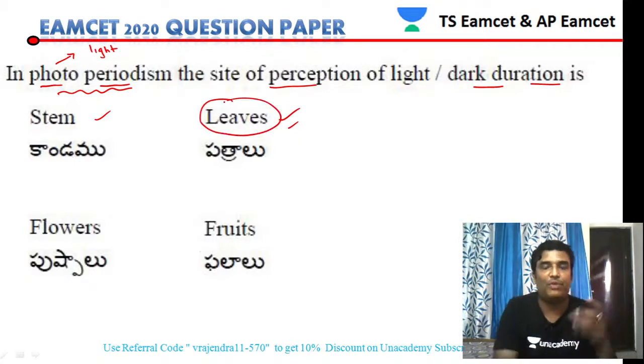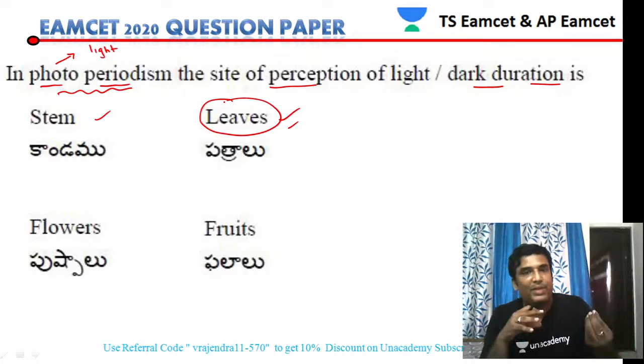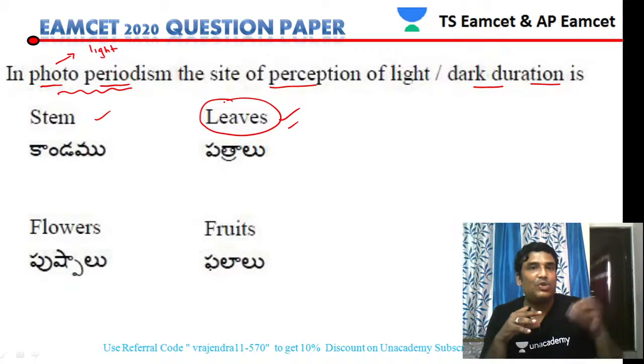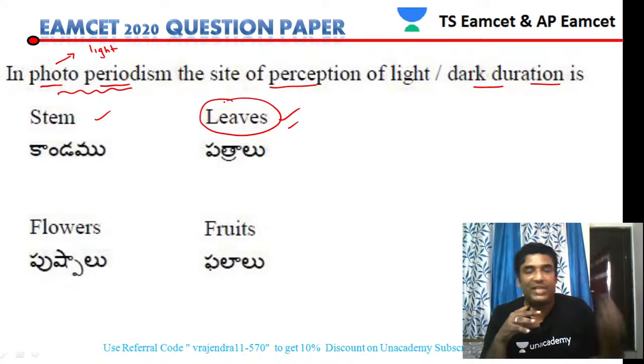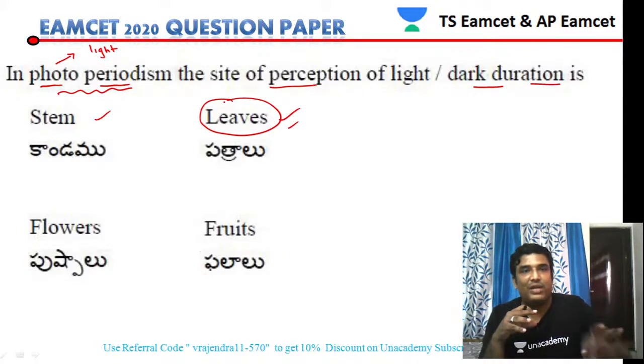Why? Because sunlight is trapped by the chlorophyll pigment present in the chloroplast, and the chloroplast is present inside the mesophyll cells, which are present internally in the leaves. So photoperiodism is totally related to the leaves.